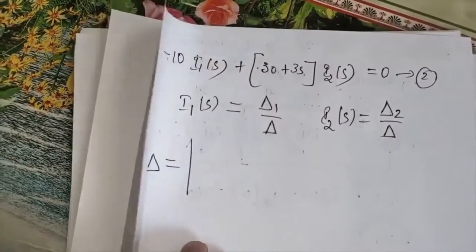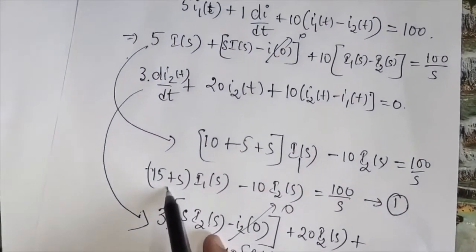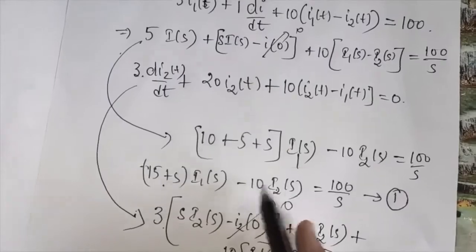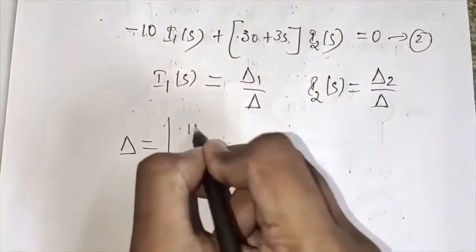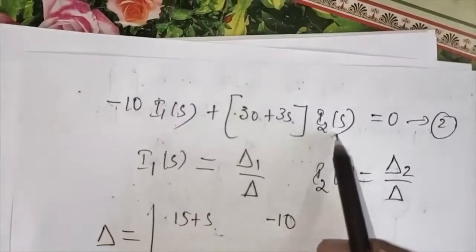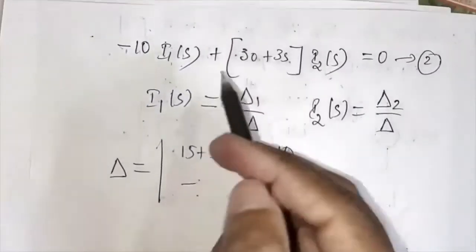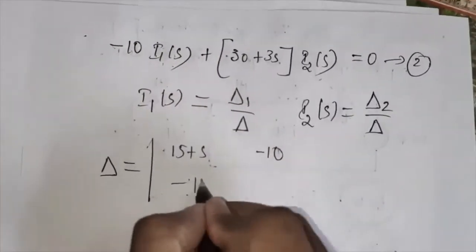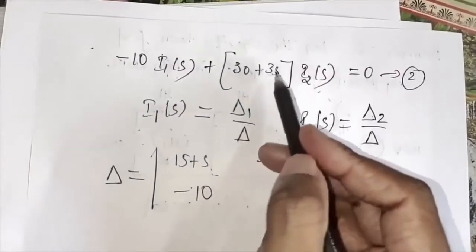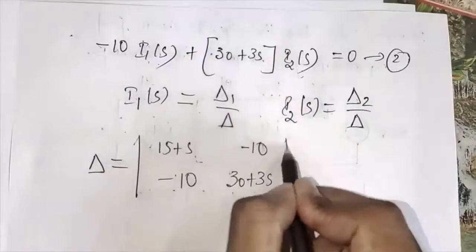In the first equation, the I1 coefficient is 15 plus s and the I2 coefficient is minus 10. In the second equation, the I1 coefficient is minus 10 and the I2 coefficient is 30 plus 3s.